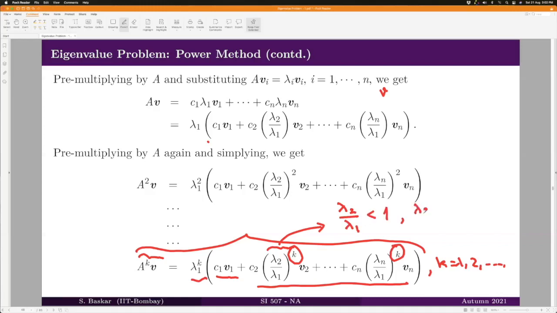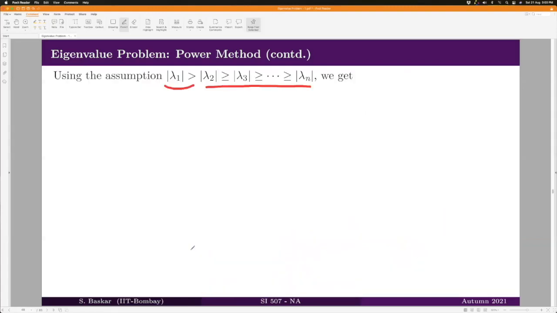Similarly, lambda 3 by lambda 1 is strictly less than 1, and so on till lambda n by lambda 1 is strictly less than 1. So why are we doing that? Clearly, when you take k tending to infinity, all these terms go to 0, and you will be left only with this term. That is the idea. Let us see how it goes.